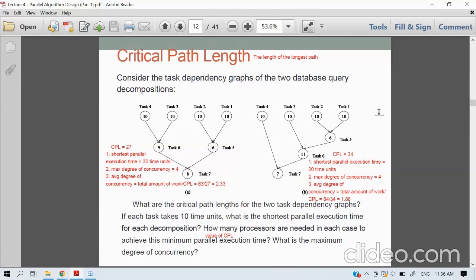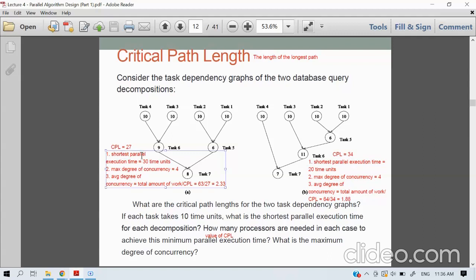So our critical path length is either task 2, 5, 6, 7 or 1, 5, 6, 7. Am I right? Right, guys? So you all understand how to get the CPL? Okay, good. Now we move on to the next one.